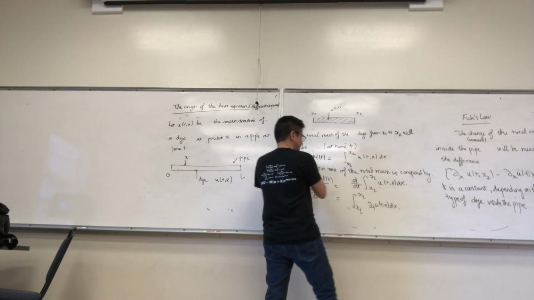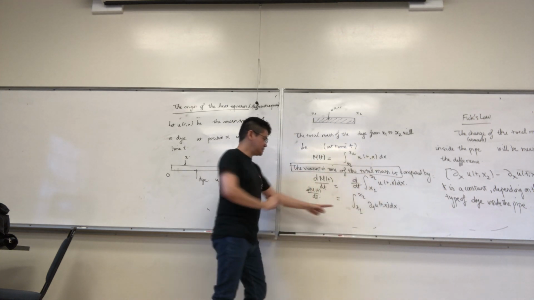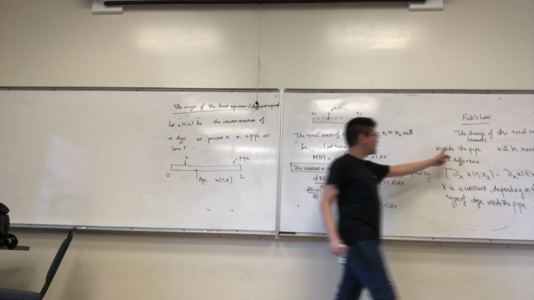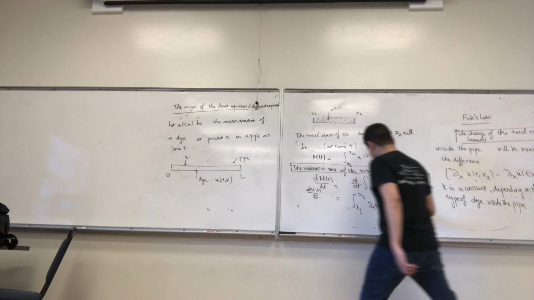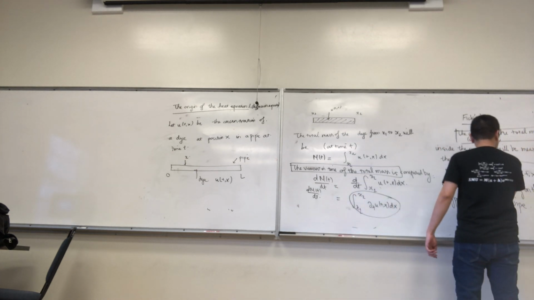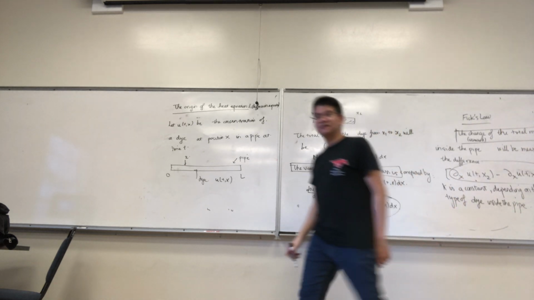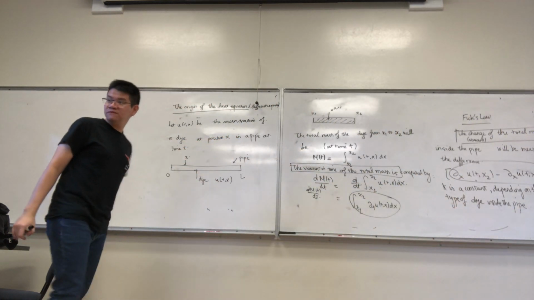So the variance in time of the total mass is this guy. But the variance in time of the total mass is also this guy, right? This is the first, and this is the second, which means that they have to be equal.